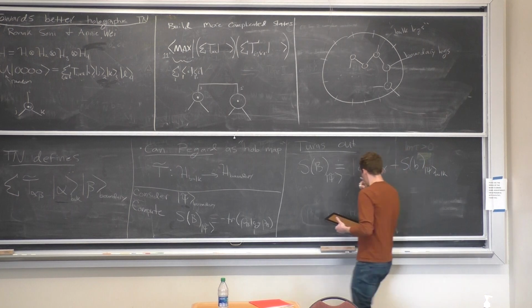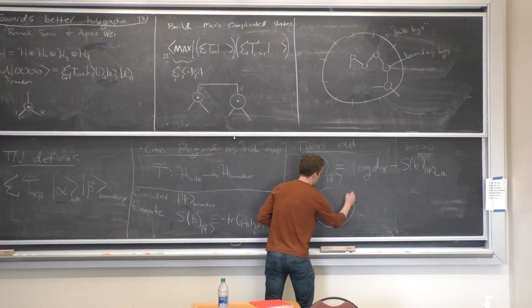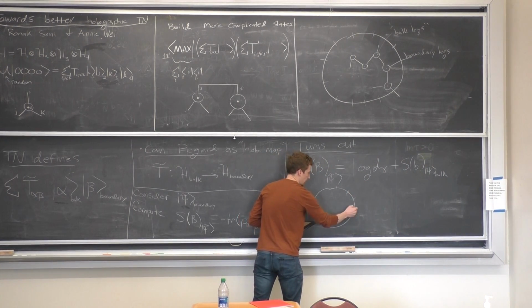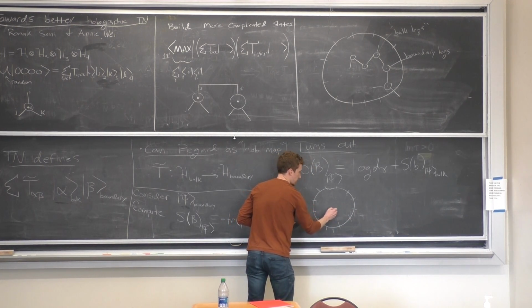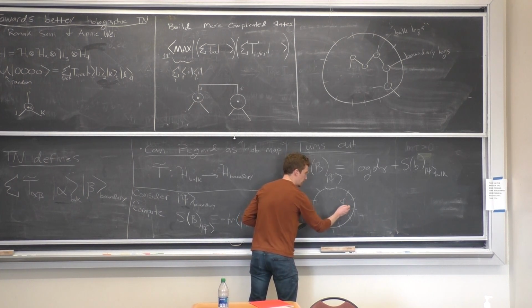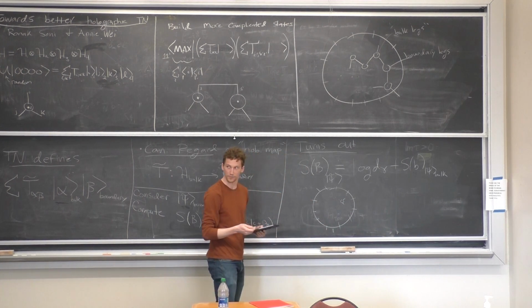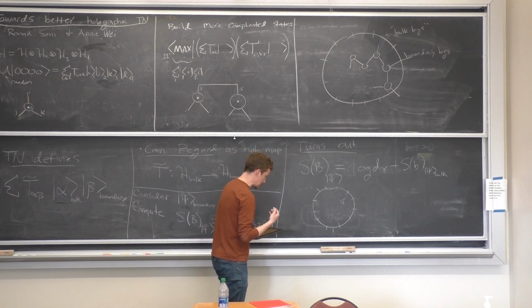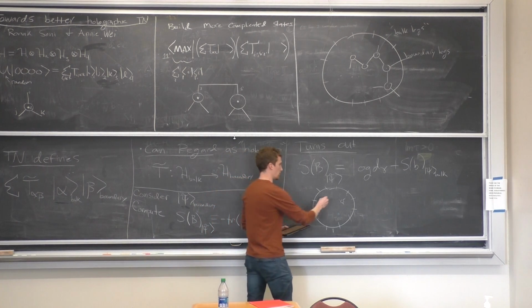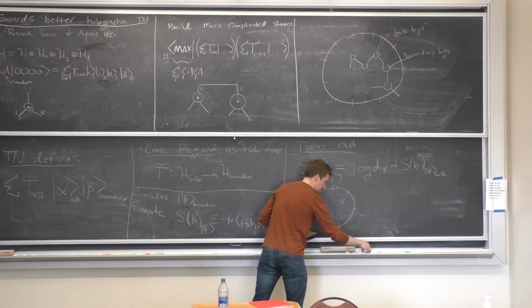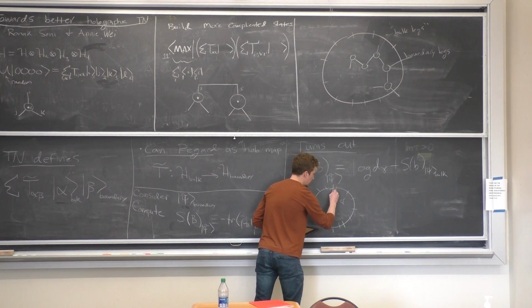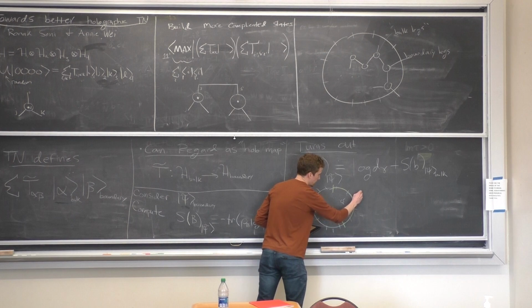So what are these terms? So here we had our tensor network with our boundary legs, and it had some bulk legs all connected to a tensor that was connected to other tensors and so on. And we picked some set of boundary legs that we call B. So let B be this region.